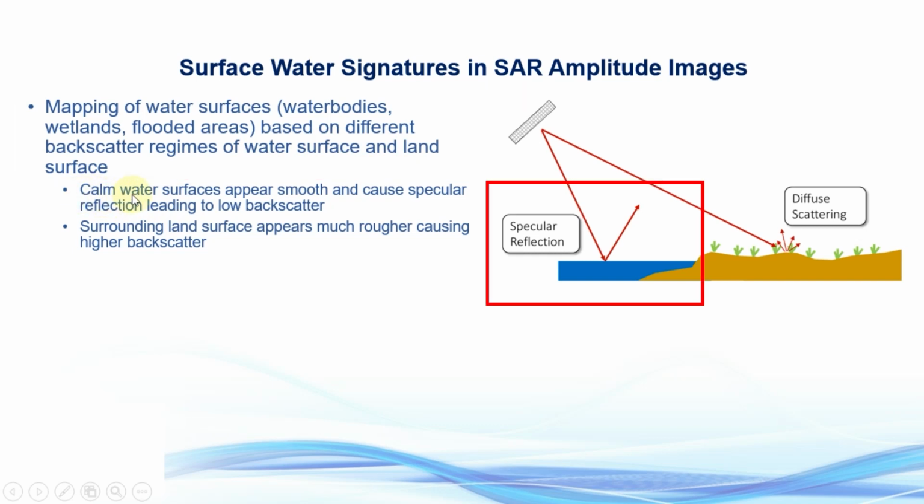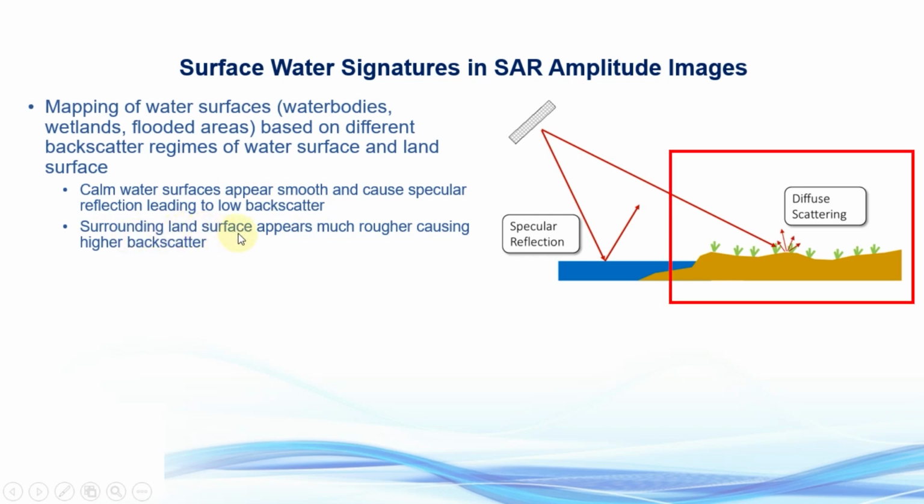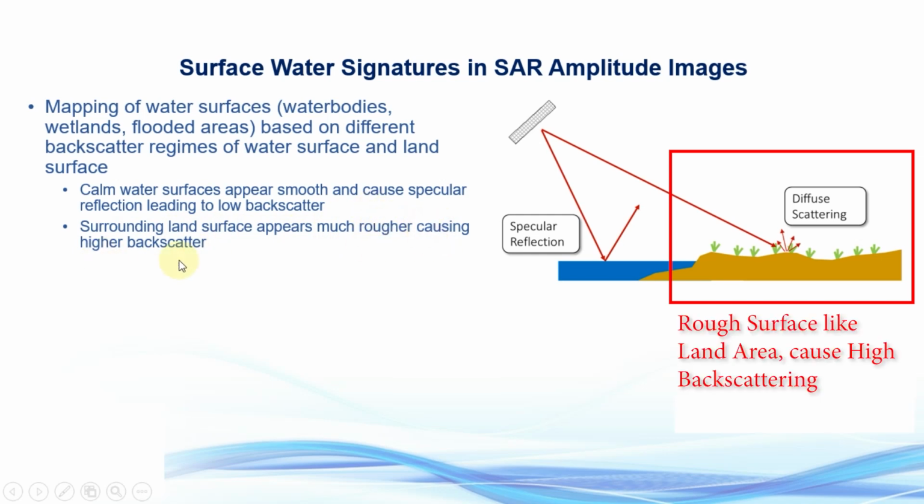For example, calm water surfaces appear smoother and cause specular reflection, leading to low backscatter, while the surrounding land surface, which might have some vegetation, appears much rougher, causing high backscatter.